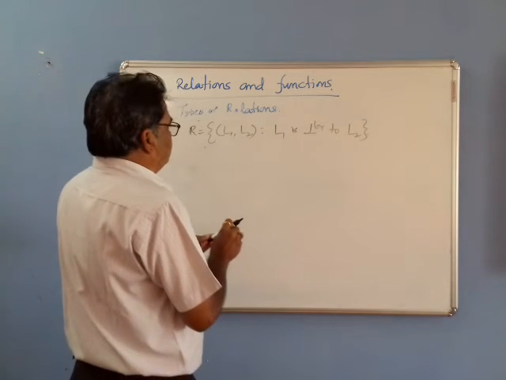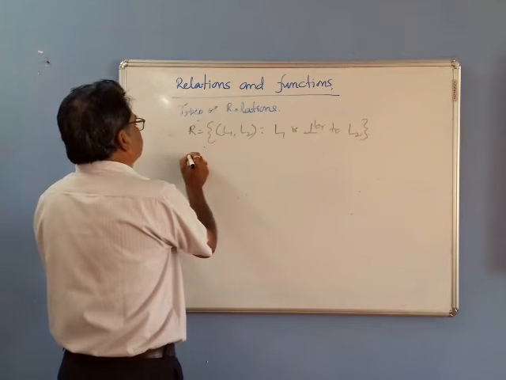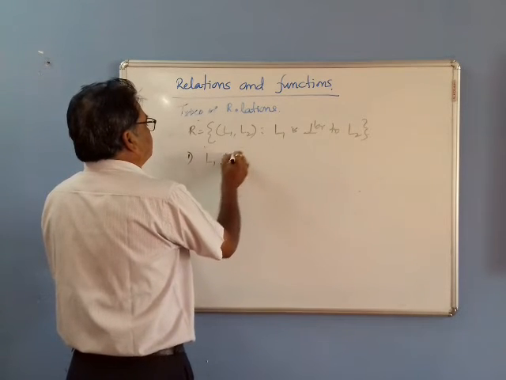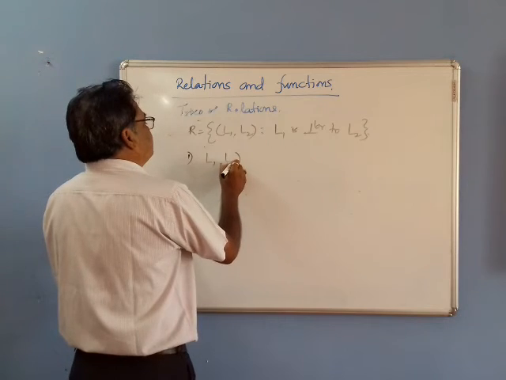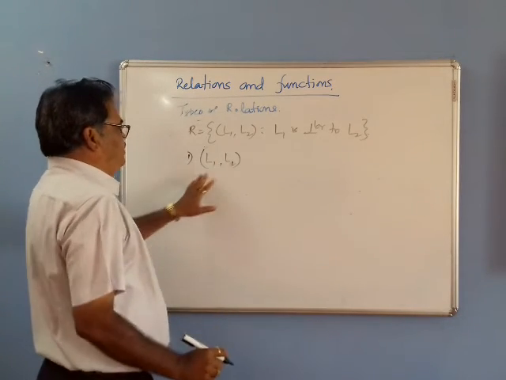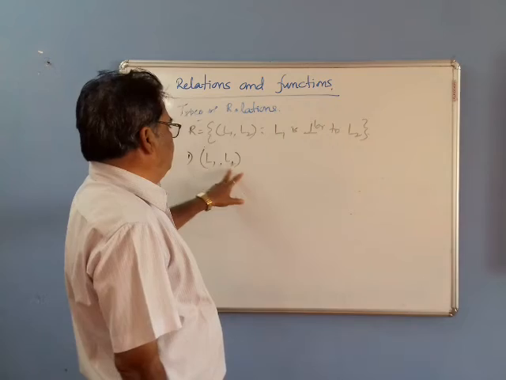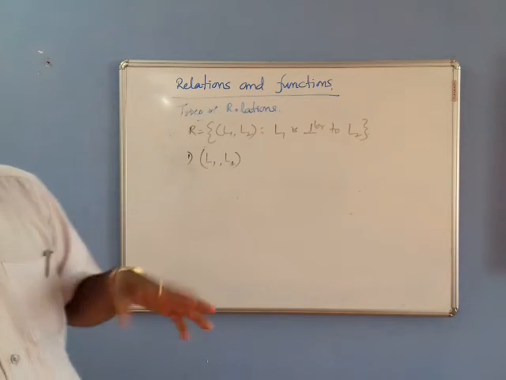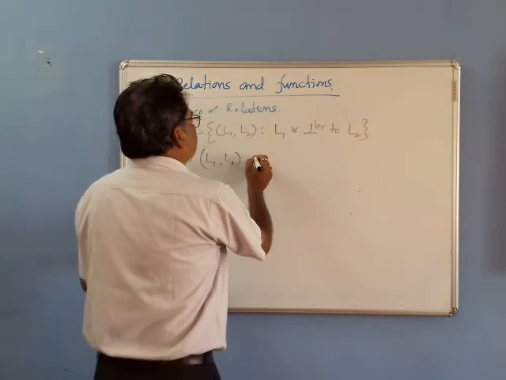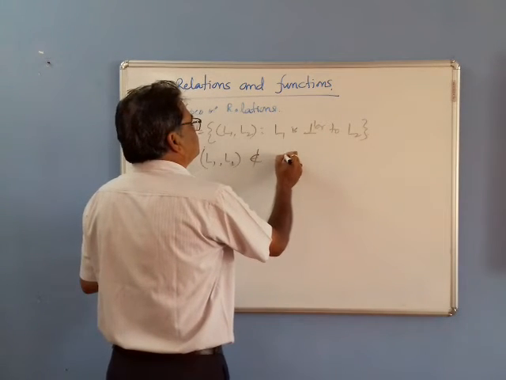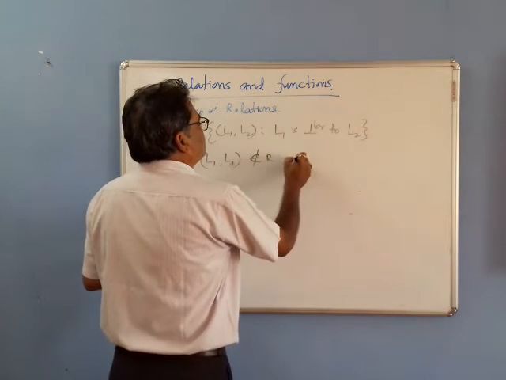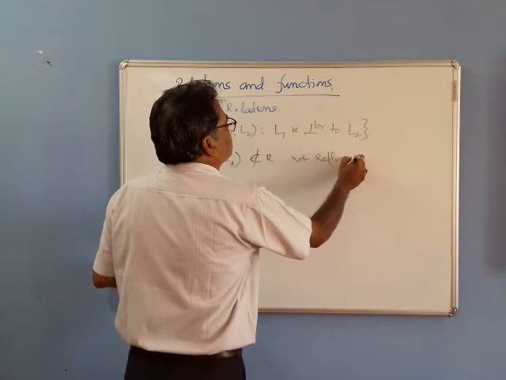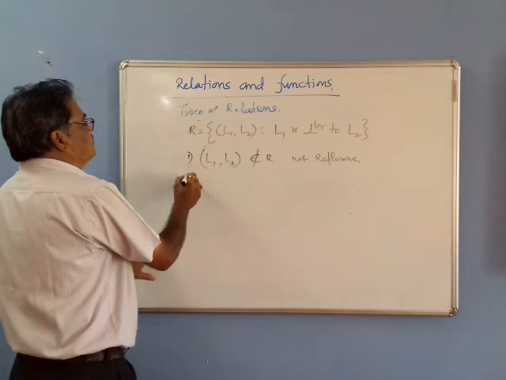First, L1 and L1, suppose. Are they perpendicular to each other? One line is not perpendicular to itself. Therefore this is not reflexive, because L1 is not perpendicular to L1.